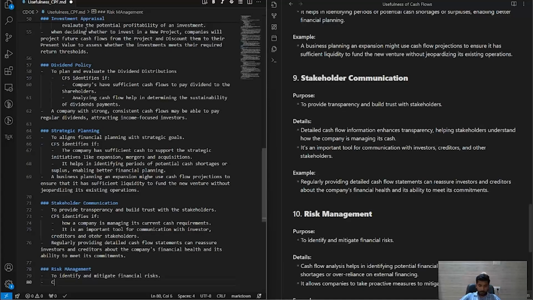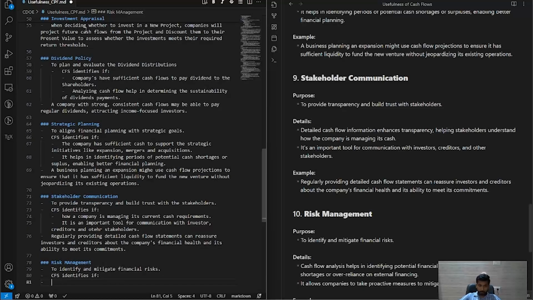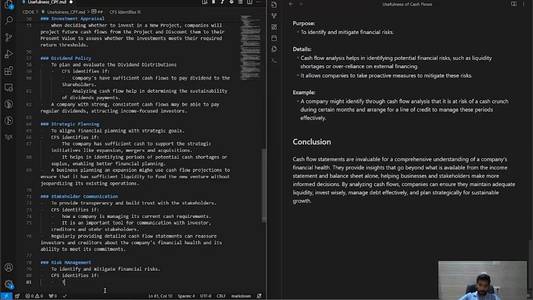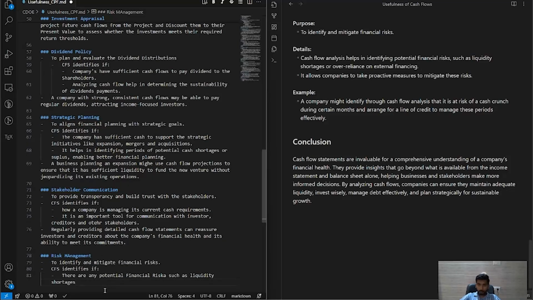Also, because the cash flow statement identifies if there are any potential financial risks such as liquidity shortages or overcapitalization or over reliance on external financing.